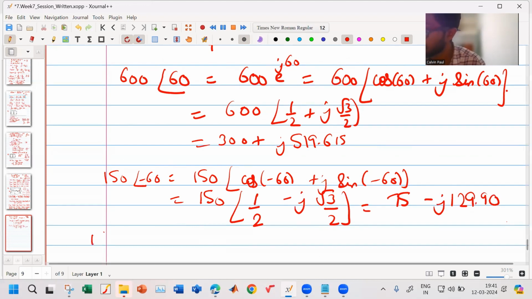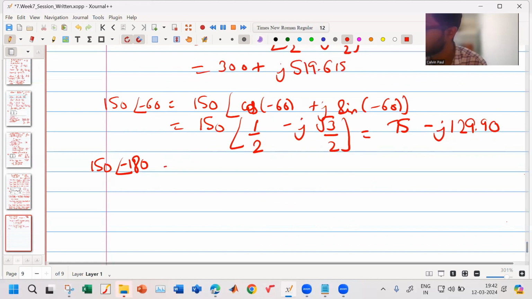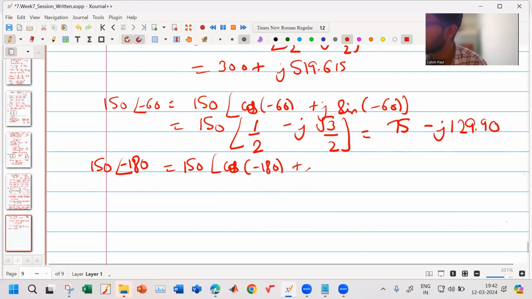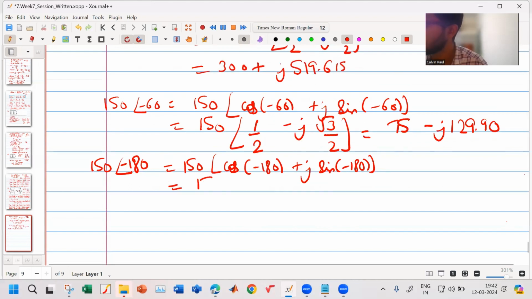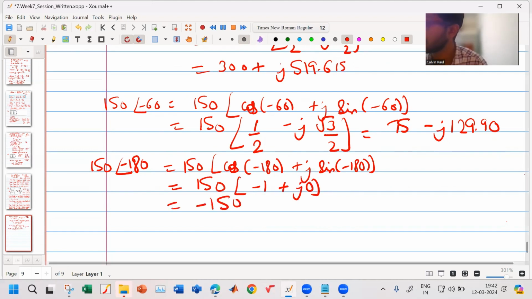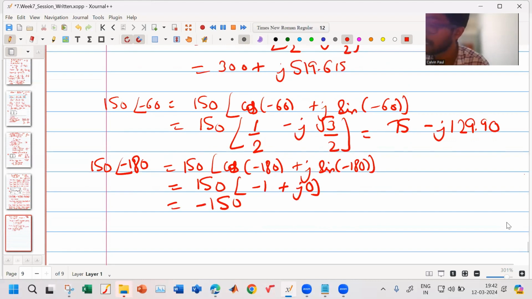Similarly, what is your 150 angle minus 180? That is equal to 150 into cos of minus 180 plus j sine of minus 180, that is 150 into minus 1 plus j0, that is equal to minus 150. Okay, it is wrong. This is 600.